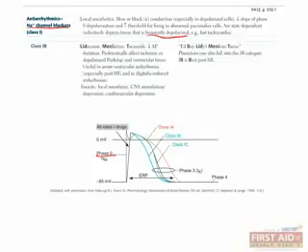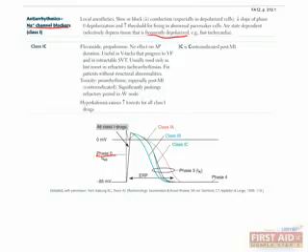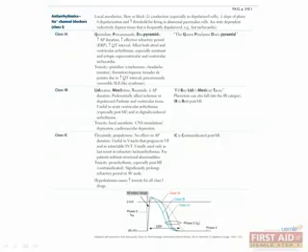Class 1B drugs prolong phase 3 the least. This class includes lidocaine as well as some others that are listed here. Finally, Class 1C drugs are in the middle as far as prolonging phase 3, and these drugs include flecainide and propafenone.